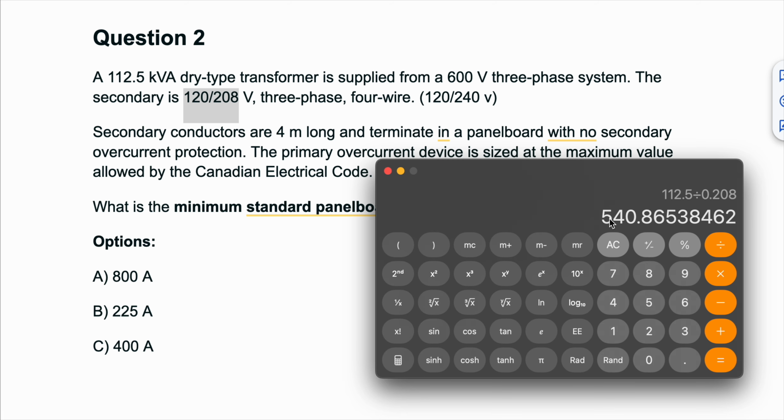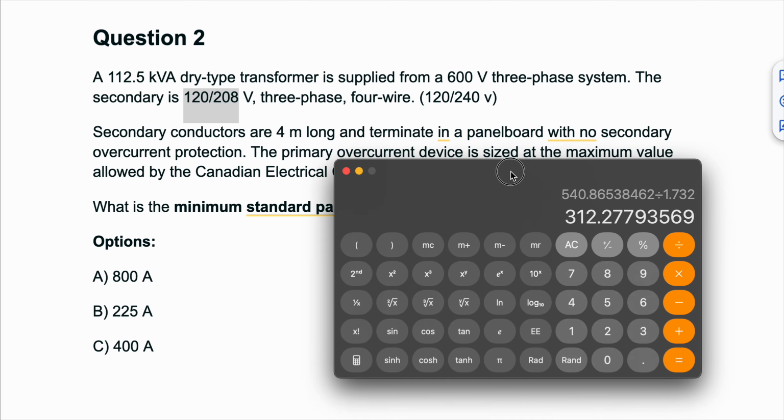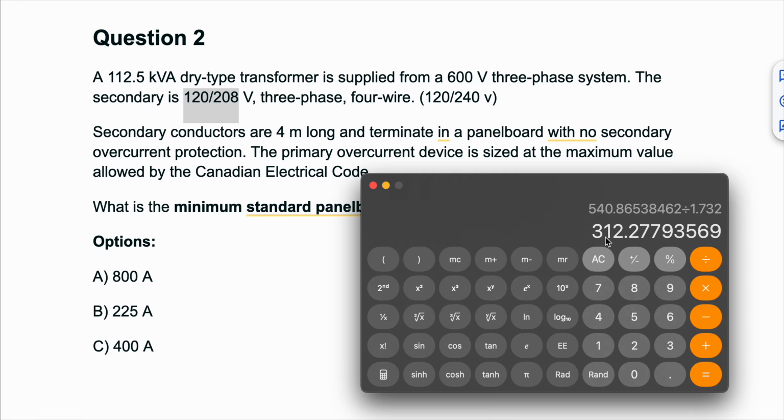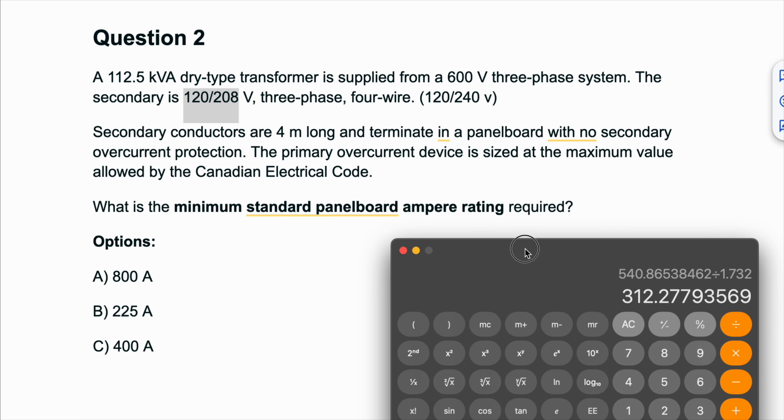So this is the ampacity 540, and let's divide it by 1.732, because of the three phase, to make it for one single phase. 312 amperage, and this ampacity of 312 is for the secondary.